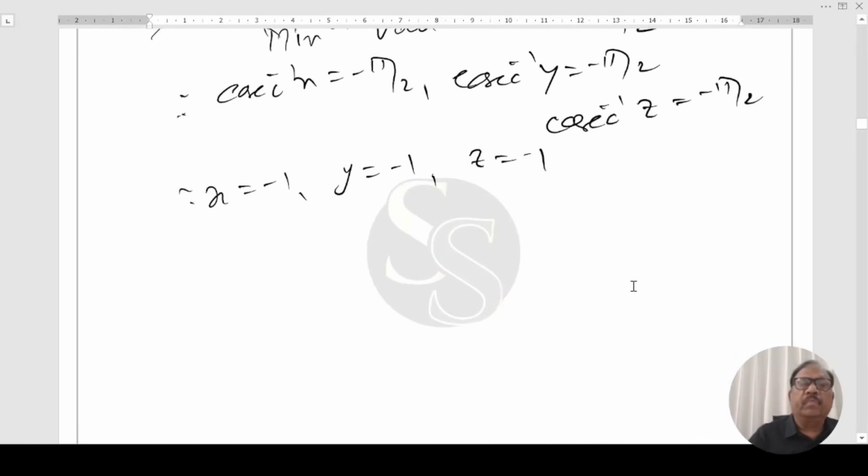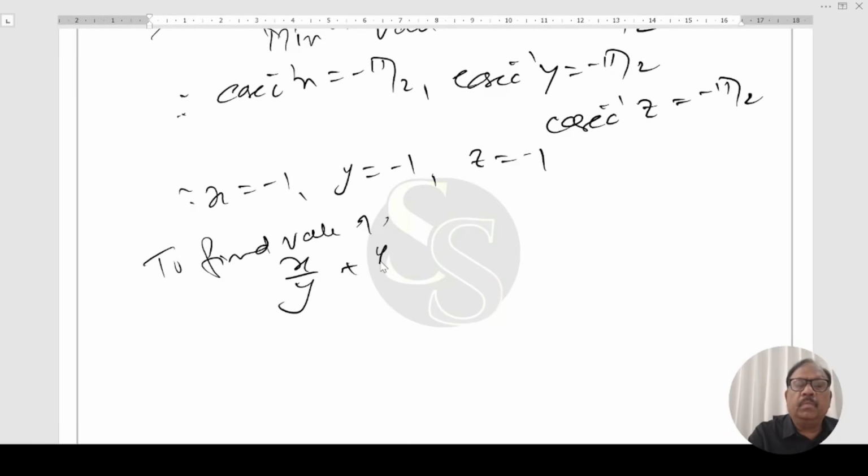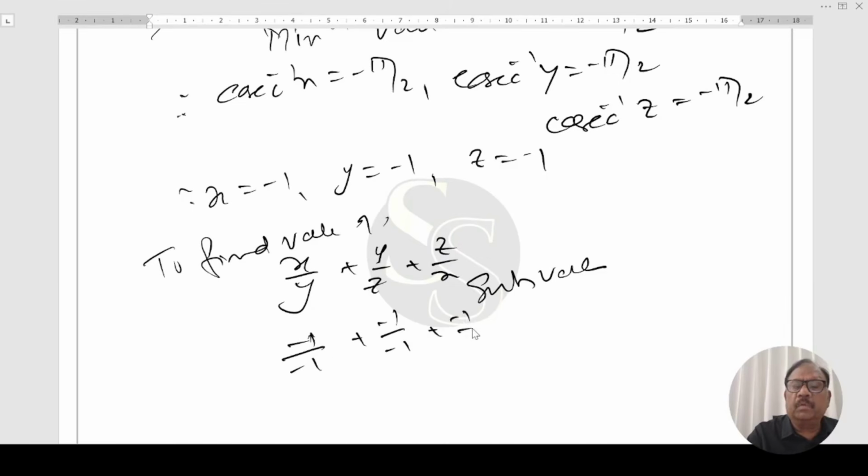Substituting the values to find value of x upon y plus y upon z plus z upon x: minus 1 upon minus 1 plus minus 1 upon minus 1 plus minus 1 upon minus 1. 1 plus 1 plus 1, that is 3. That is the answer. Right?